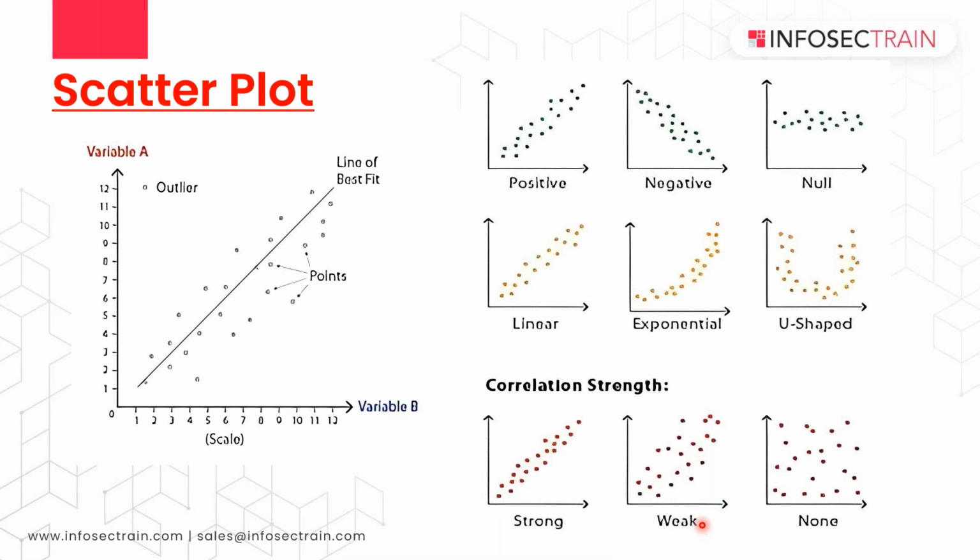That's why this data shows a weak positive correlation. Understood? And if your data points show no trend, no pattern, at that time you can say there is no correlation. In simple words, there is no pattern in the data set. This is the simple thing.